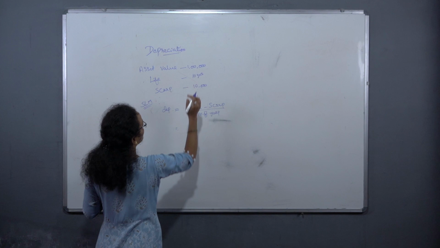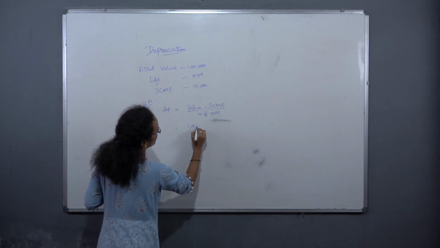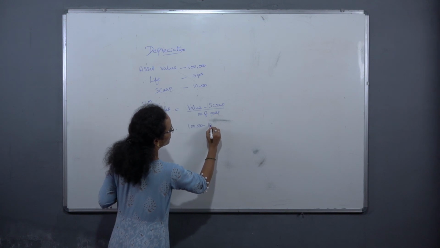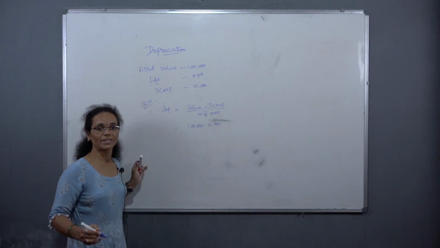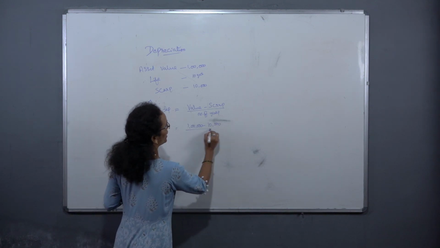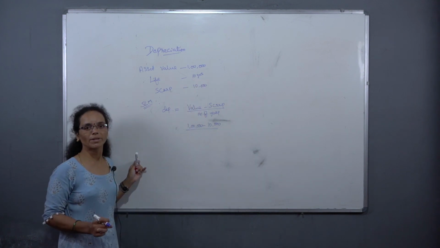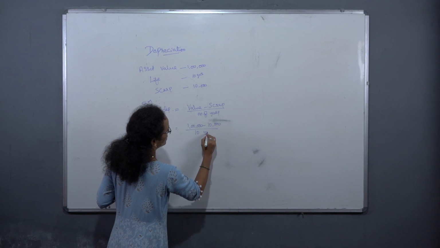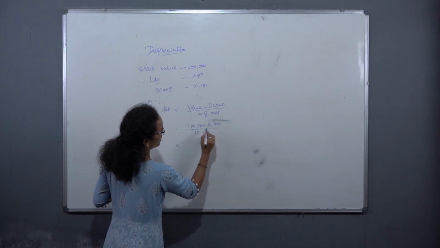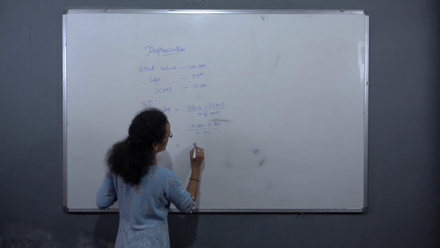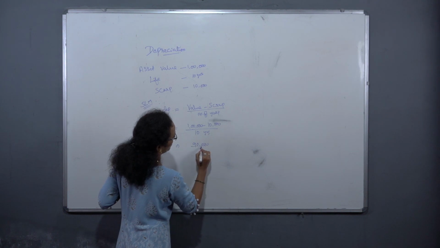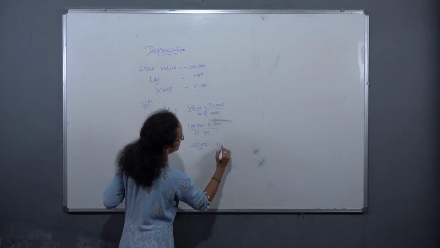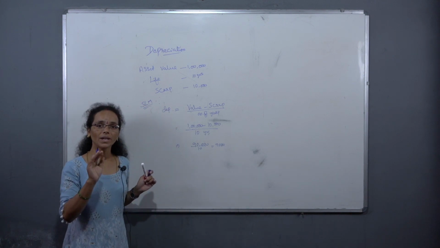So here the value of the asset is 1 lakh rupees, the scrap value at the end of 10 years we can expect is 10,000 rupees, and the machinery is expected to be used for 10 years. So the depreciation is 1 lakh minus 10,000, which is 90,000, divided by 10 years, which is 9,000 rupees depreciation per annum.